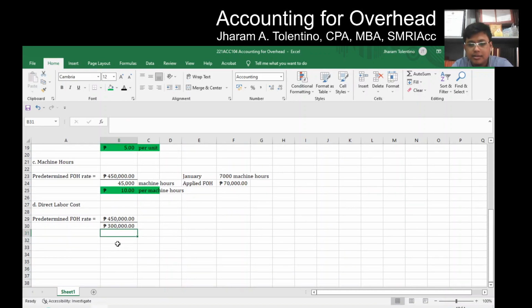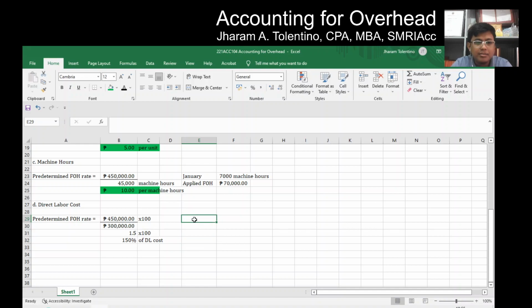So, 450 divided by 30 is 150. The 150 is not a peso kasi makakancel out yan. Since pareho silang peso sign, times 100 natin para maging percentage, 150%. It's 150% of direct labor cost.